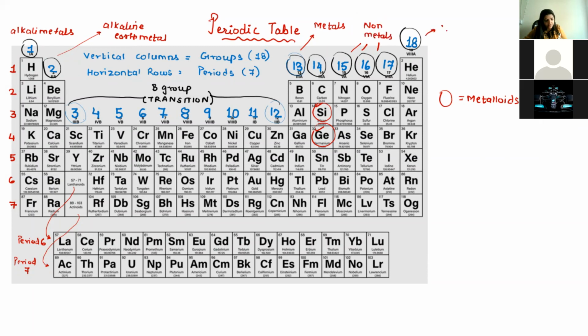And group 18 is called noble gas. So till here it is clear that the group number denotes that many valence electrons will be present in that element.